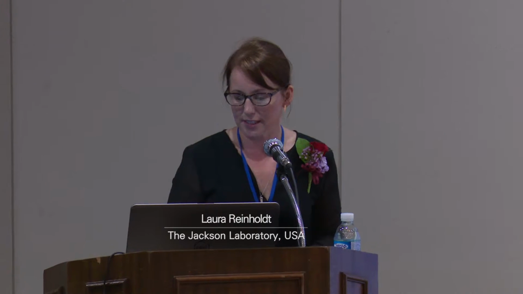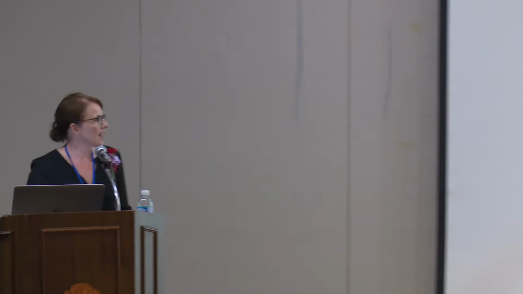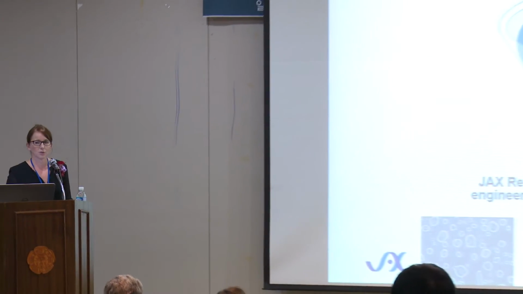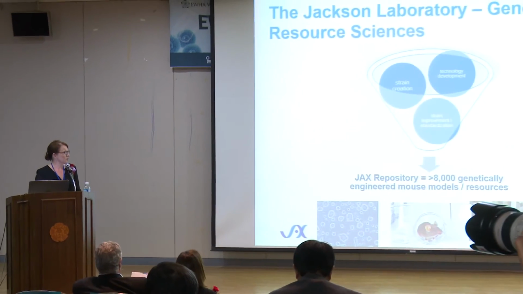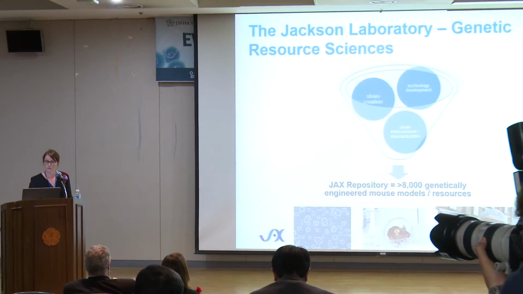I'm going to talk about modeling Mendelian diseases in mice using both forward and reverse genetic approaches. My lab is part of a group at the Jackson Laboratory called the Genetic Resource Sciences Department, and our mission is to create new mouse models of disease.